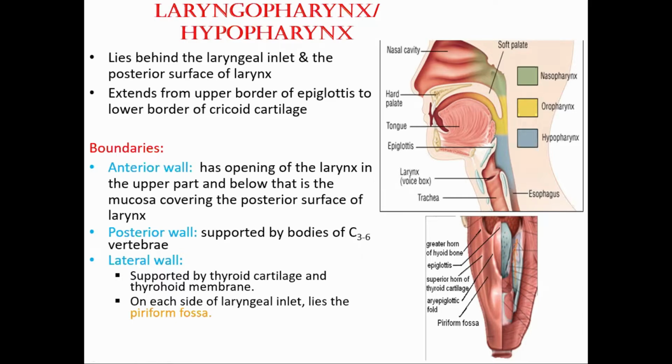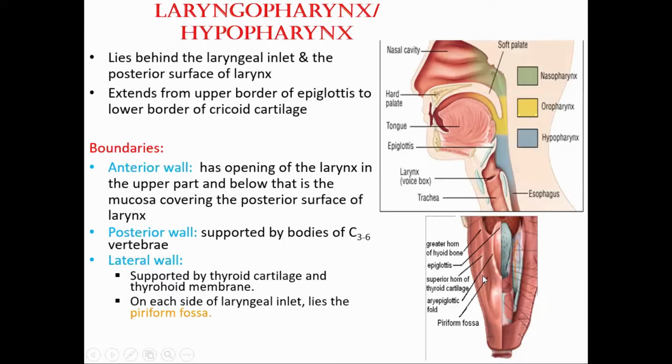You know, on the posterior wall of the larynx, there are the arytenoid cartilages and the lamina of the cricoid cartilage. Then the posterior wall is formed by the C3, C4, C5 and C6 vertebrae and the intervertebral discs. The lateral wall presents the thyroid cartilage.